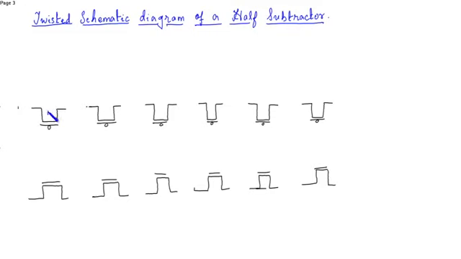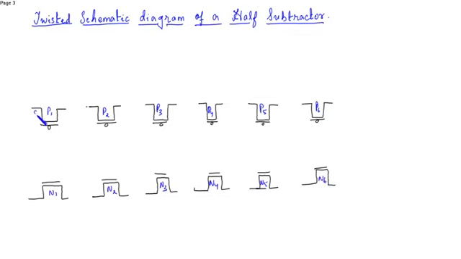This is P1, N1, P2, N2, P3, N3. Okay. You can just erase this line. This is P4, N4, P5, N5, P6, N6.